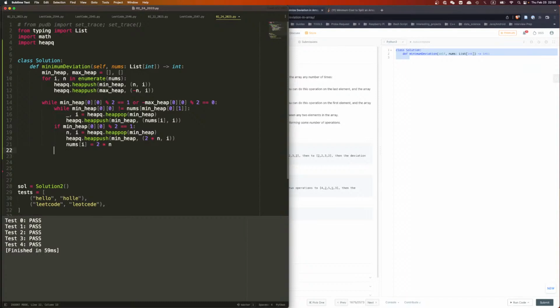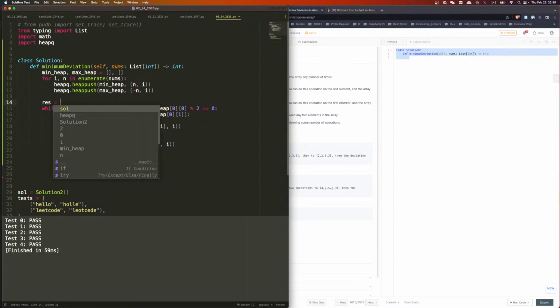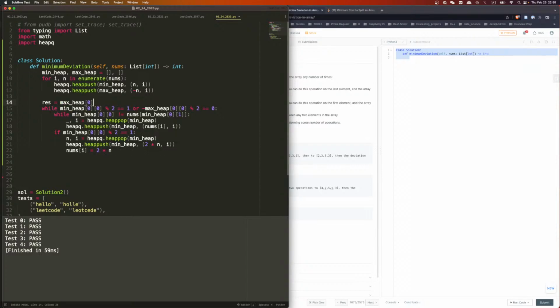What do I check? I need a result. res equals max heap 0 0 minus min heap 0 0. Of course, the max heap needs to be a negative value.